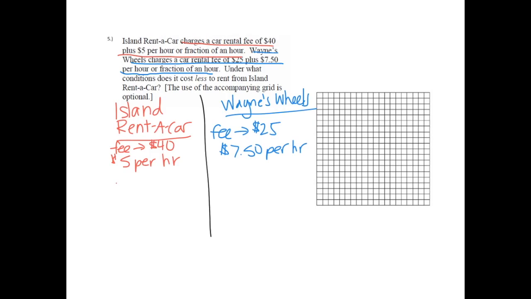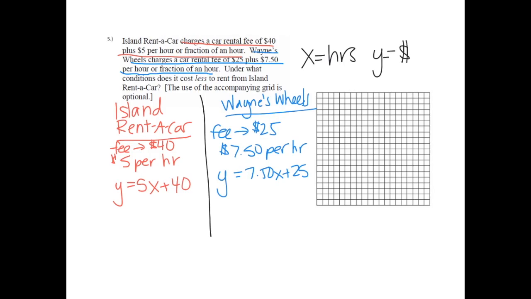So this is going to be y equals 5x, $5 per hour plus the $40 fee. Okay, and then this is going to be y equals $7.50 per hour plus your $25 fee. Remember, x is the hours and y is the cost.